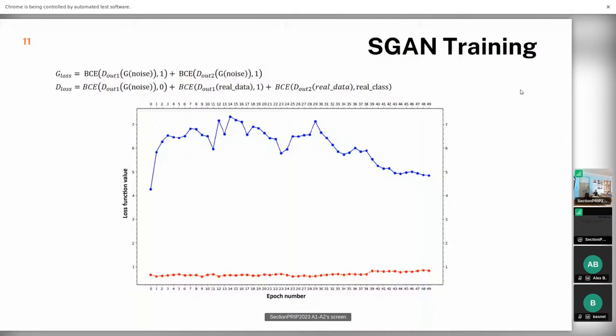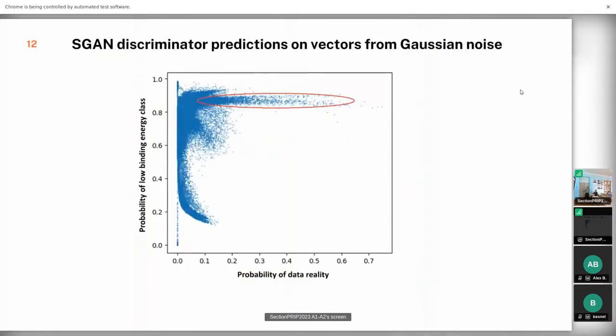After training was completed, we fed random vectors from the Gaussian distribution to it and looked at what prediction the discriminator gives. We can see the promising area where the probability of the low binding energy class is high, and also the probability of data reality is better than half of our vectors. So we decided to generate new molecules from this region.